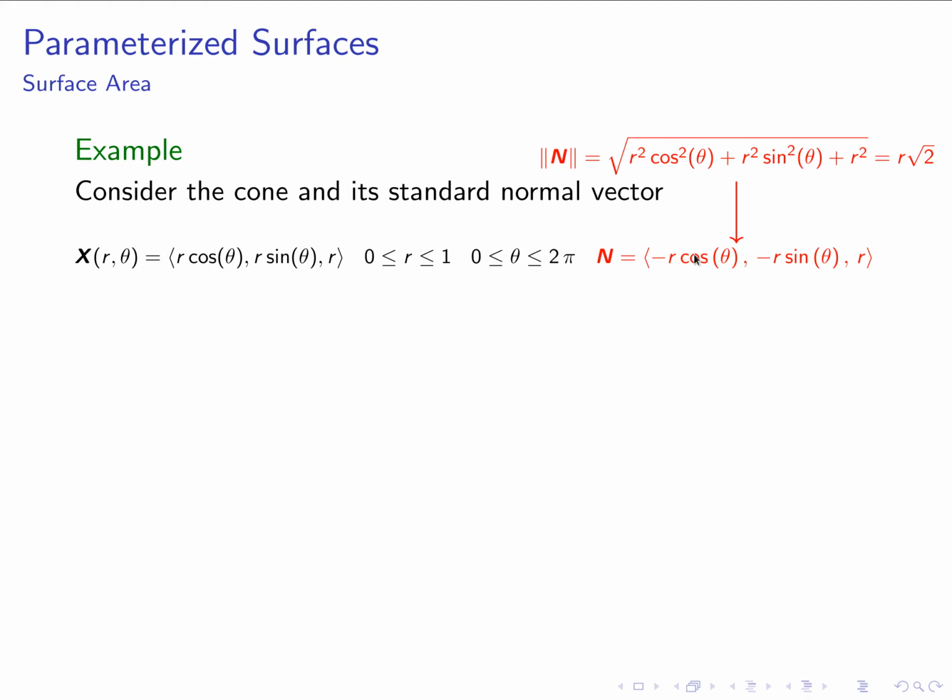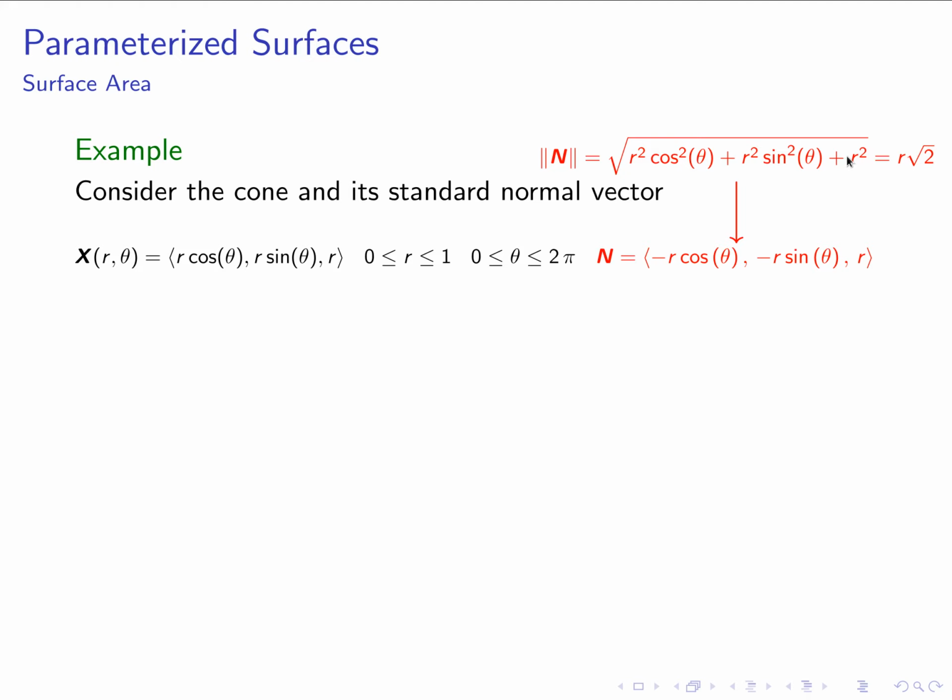And remember that when we calculate surface area, what we end up needing to do is take the length of the standard normal vector. And here the length is obtained by squaring the coordinates, adding them up, and then putting the result under a radical. Here we're looking at the square root of r squared cosine squared theta plus r squared sine squared theta plus r squared.